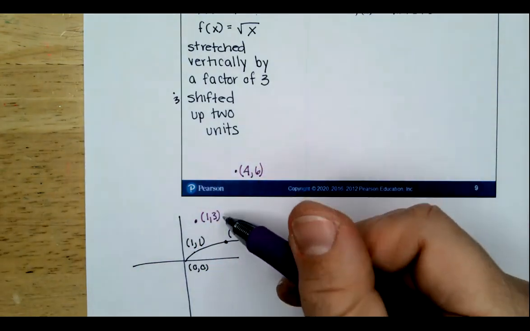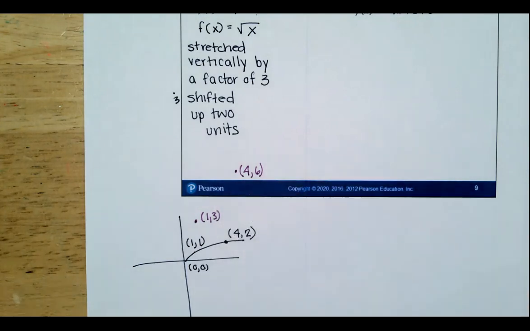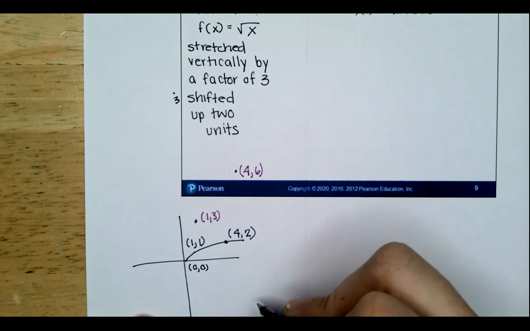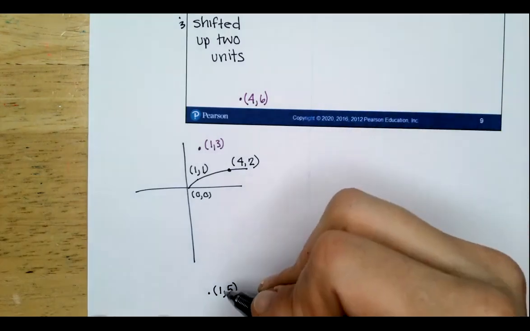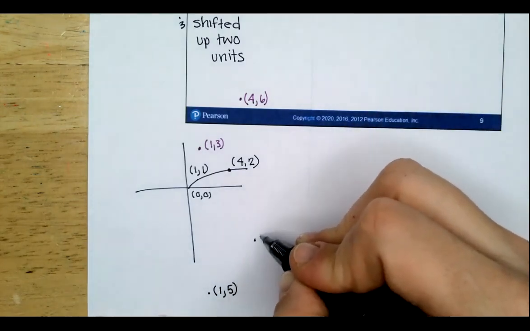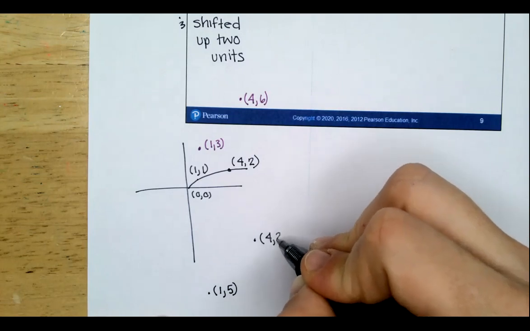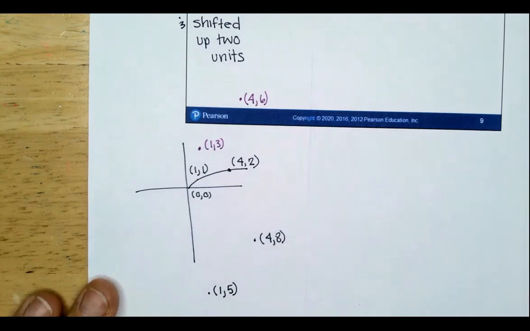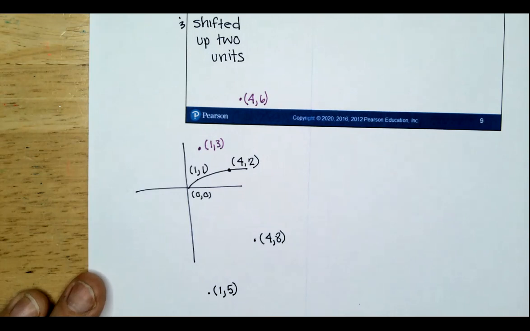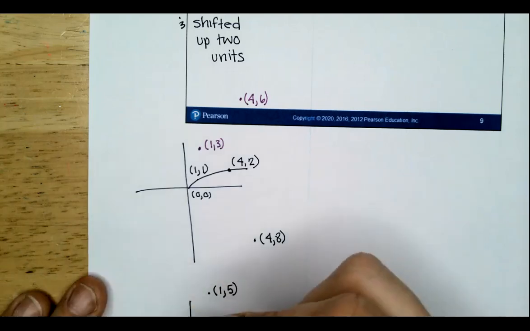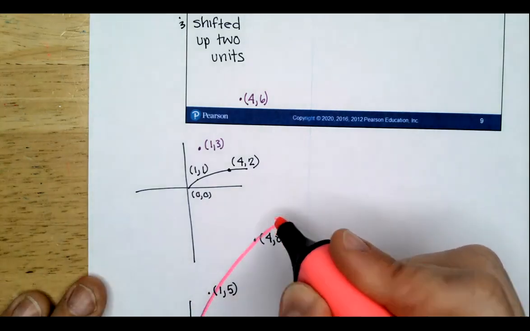So that's again with the y. So 3 becomes 5. So now you have the point (1, 5). And then you have the point (4, 8). And you still have the point (0, 0). That would be my sketch of the graph.